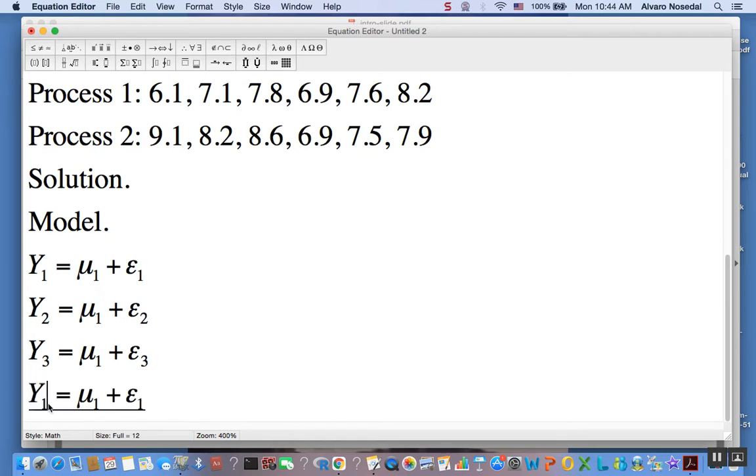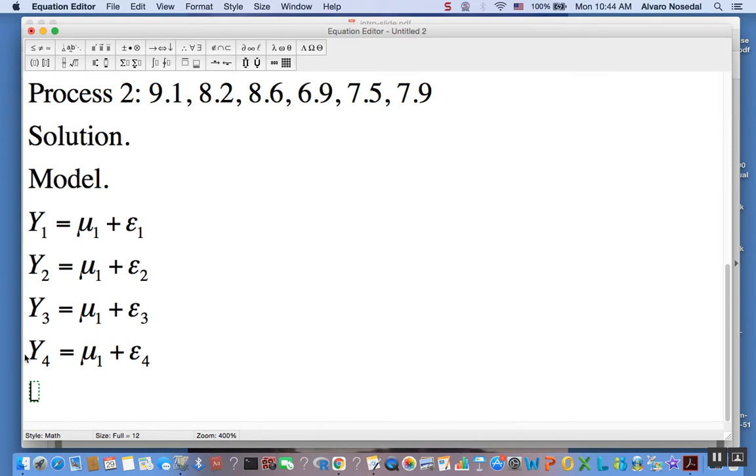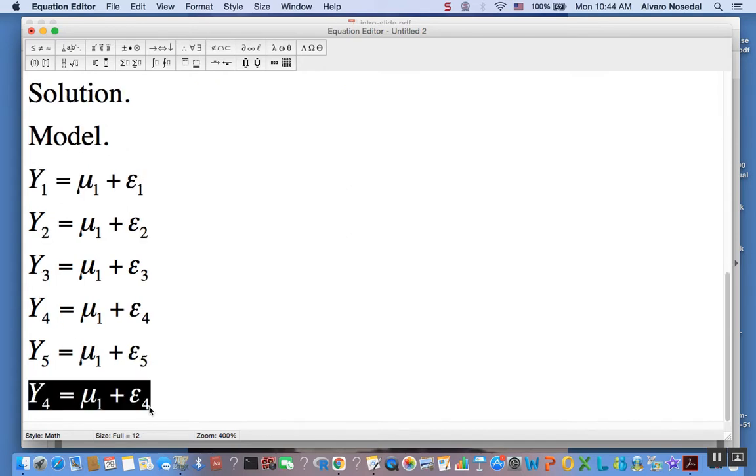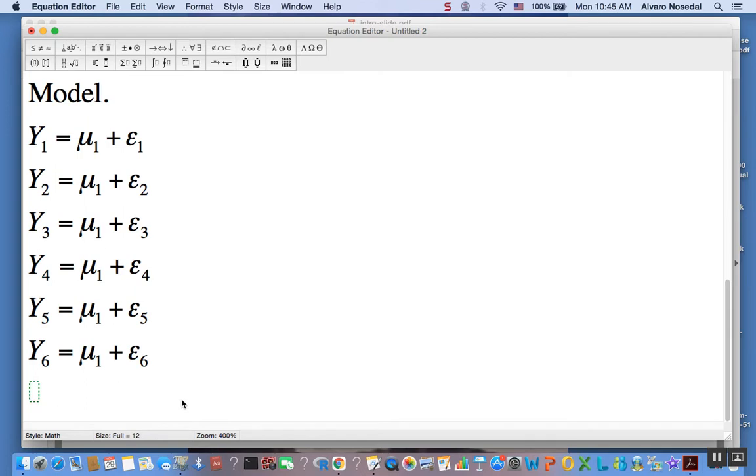So I'm going to have a total of 6 of them, right? The fifth, and one more, and then I have my first set of observations there, from the first sample.